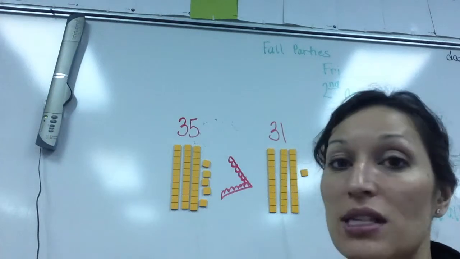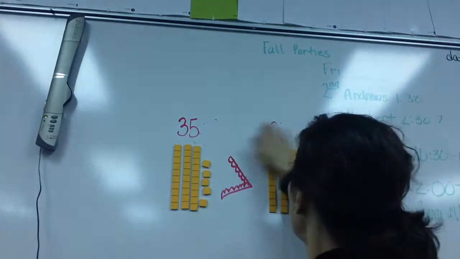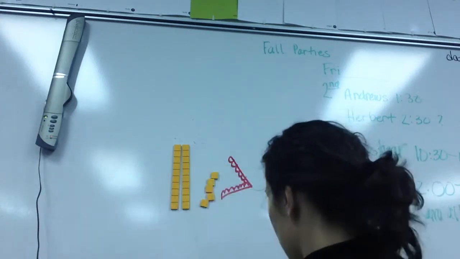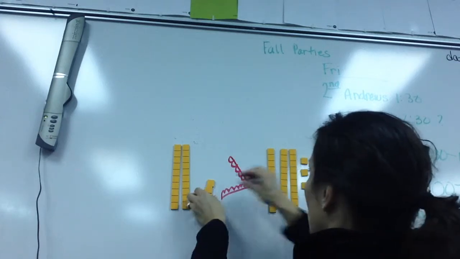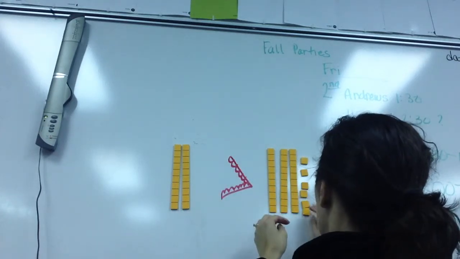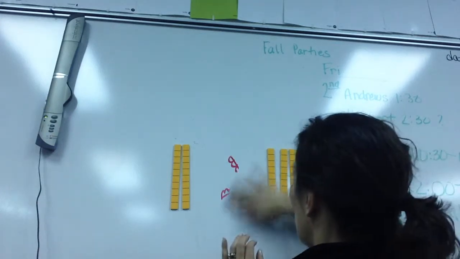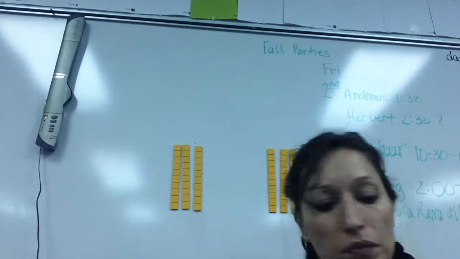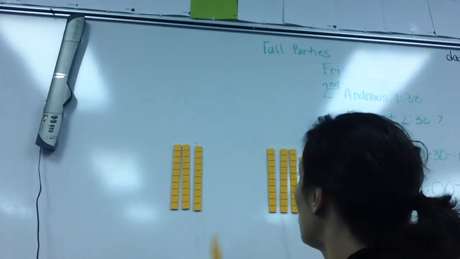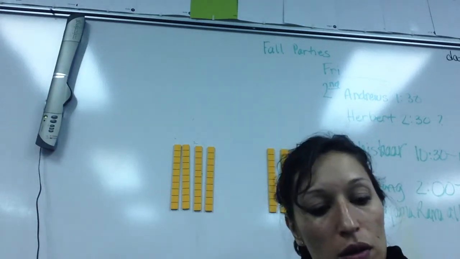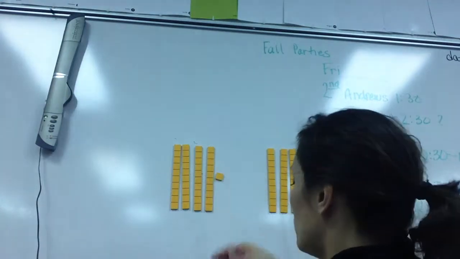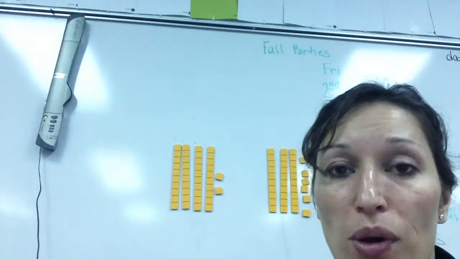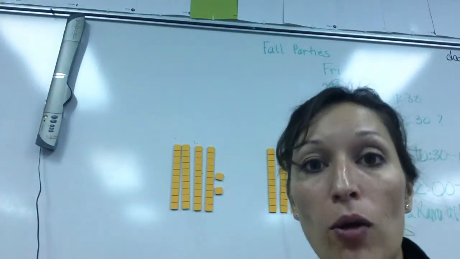Sometimes comparing place value gets a little trickier when it looks like this. If I'm going to compare these two values, or even just write their number, I need to start on that left side, the more powerful place value.